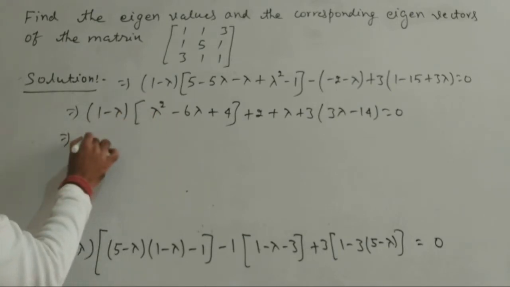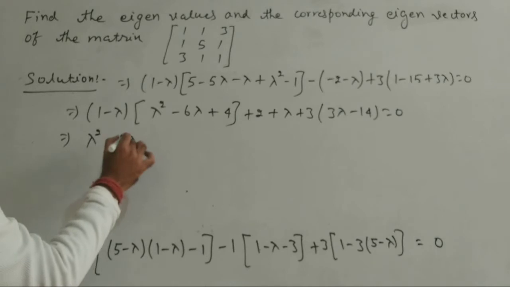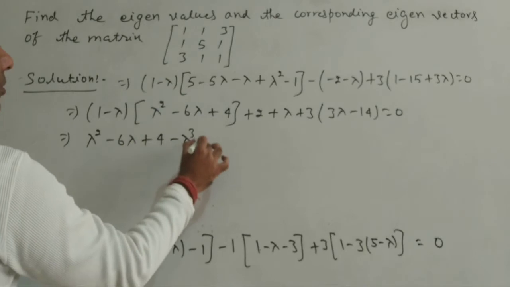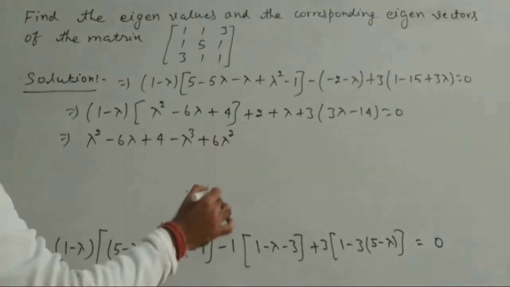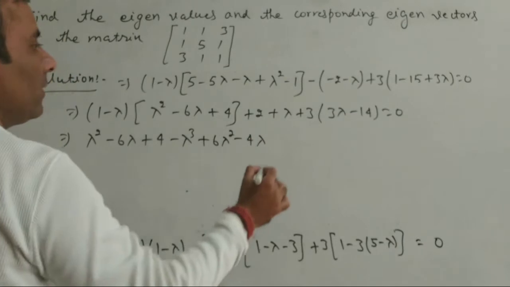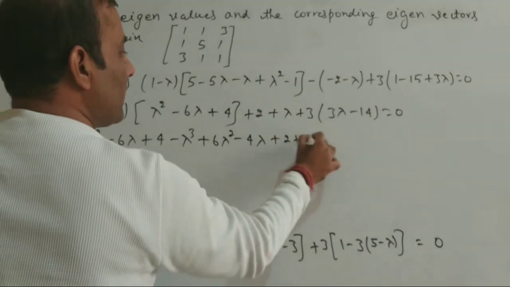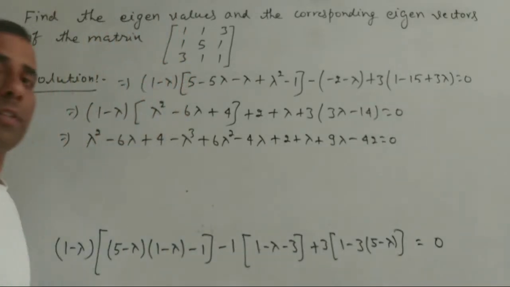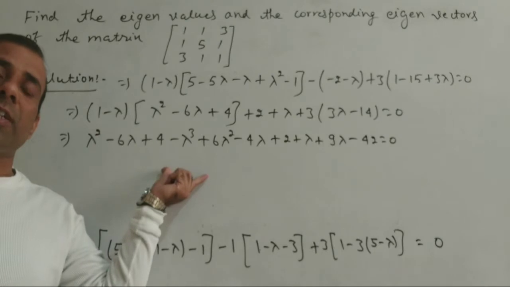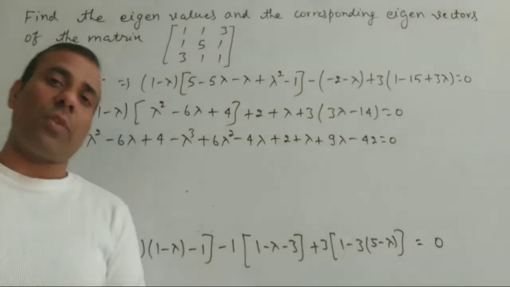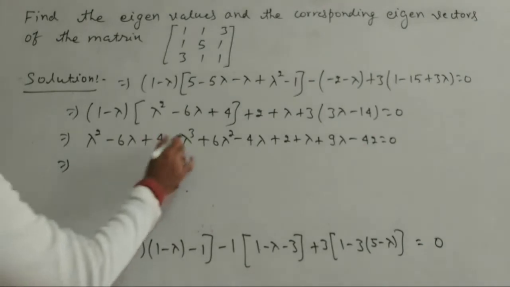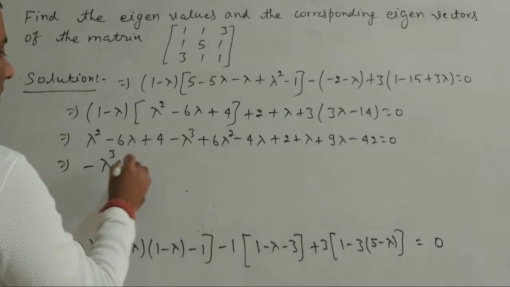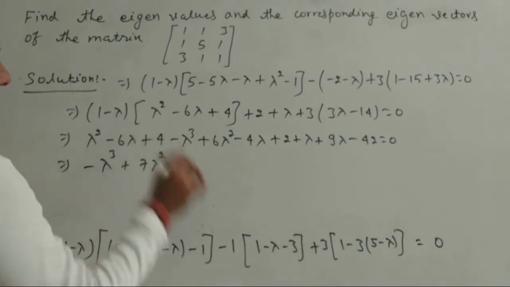After multiplying, 1 into lambda square, that is lambda square minus 6 lambda plus 4, minus lambda cube plus 6 lambda square minus 4 lambda, plus 2 plus lambda plus 9 lambda minus 42 equals 0. Now we have to simplify this equation and find its roots. Minus lambda cube plus lambda square plus 6 lambda square becomes 7 lambda square.